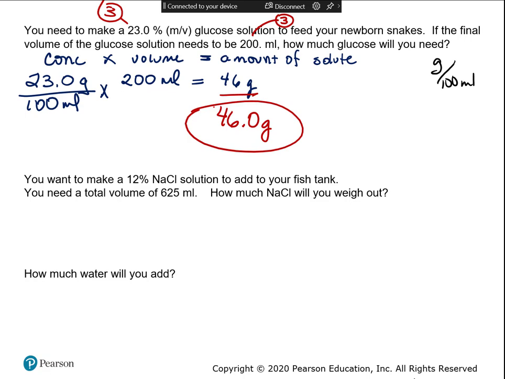Okay, do the next one. You want to make a 12% sodium chloride solution to add to your fish tank. You need a total volume of 625 mils. How much sodium chloride will you weigh out?